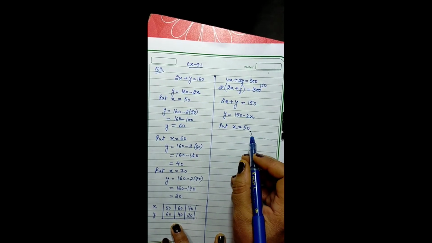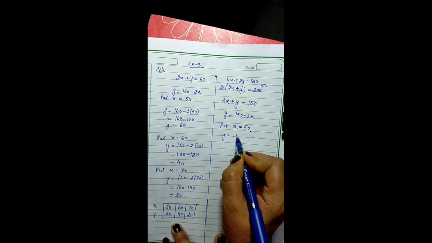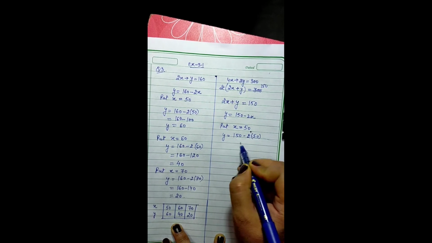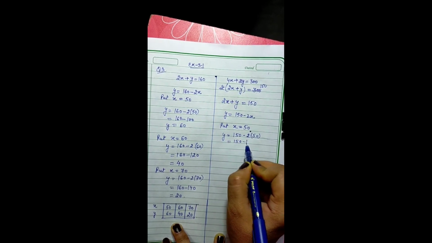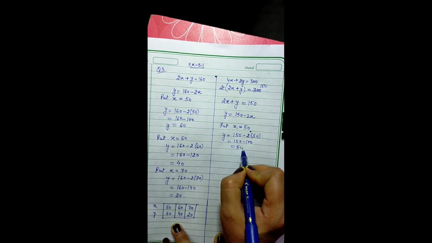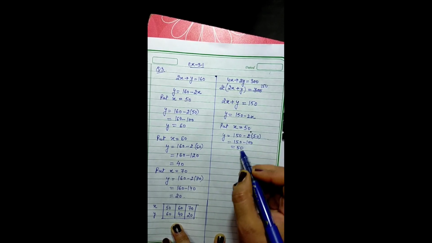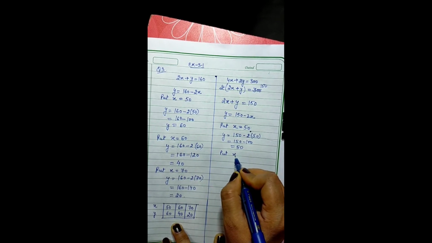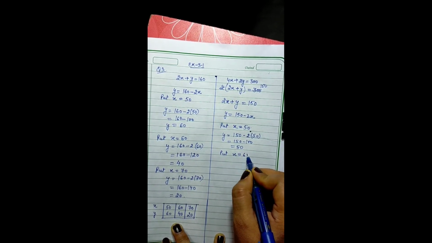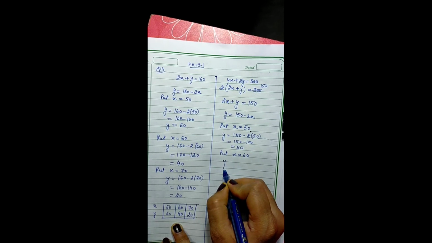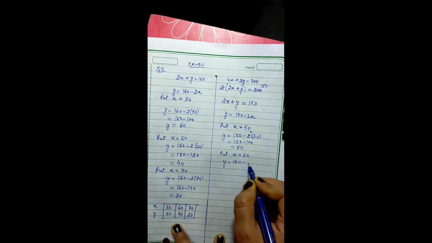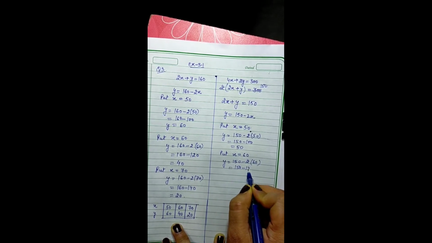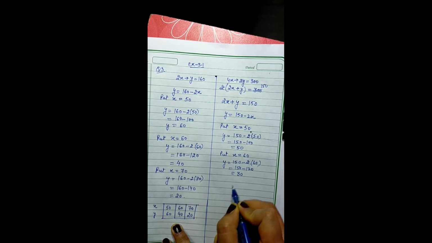I am taking x to be 50, so y becomes 150 minus 2 into 50. So 150 minus 100 will give me 50. So you can see balanced values, x is 50, y is 50. Let's put x to be 60. y becomes 150 minus 2 into 60, 150 minus 120, that will give us 30.